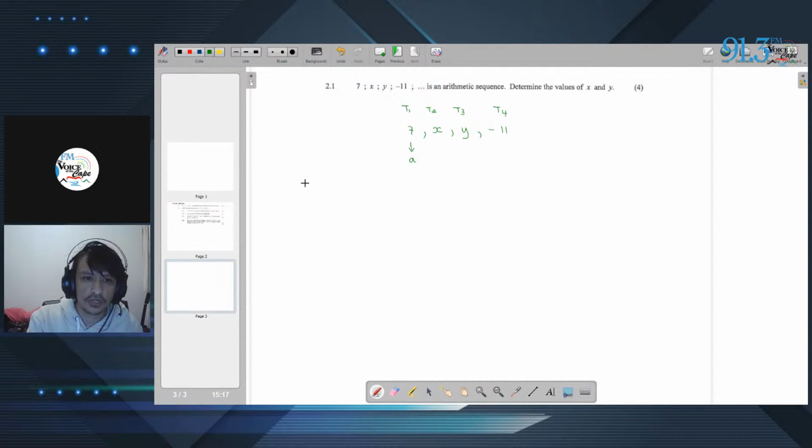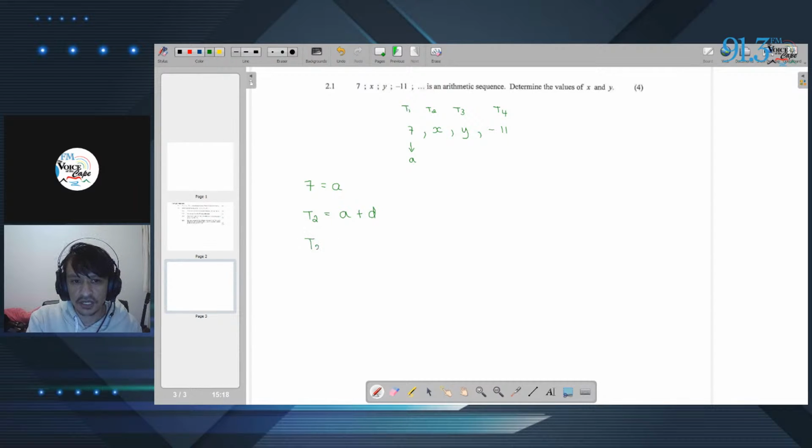Now, if we look at this, we have the number 7. We can say that the number 7 is just equal to a, right? And then we can state that term 2 is equal to a plus the difference, okay?